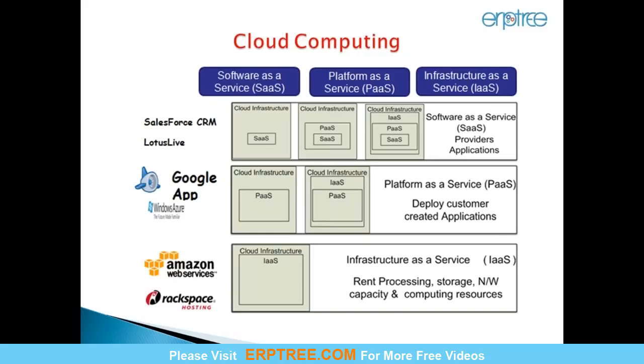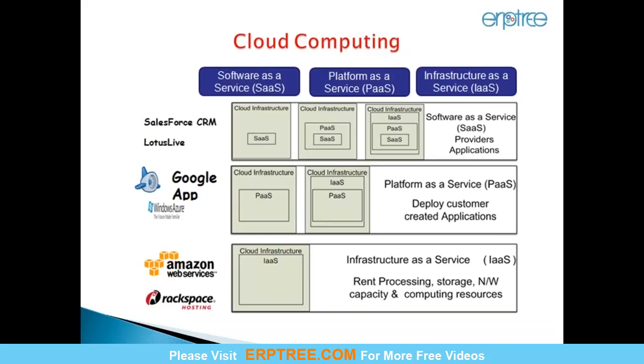On the left hand side, if you observe, you have some of the key players in the type of delivery model when it comes to cloud applications, like Salesforce CRM and Lotus Live for SaaS. Salesforce is one of the older key players in the market who are now working on cloud technology.